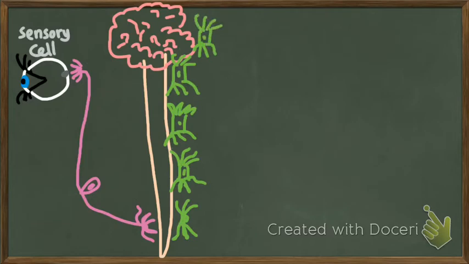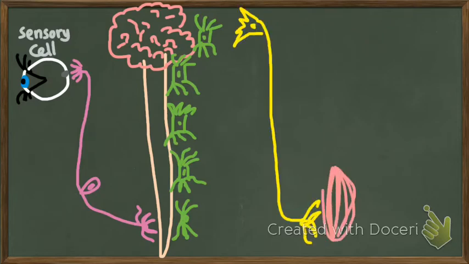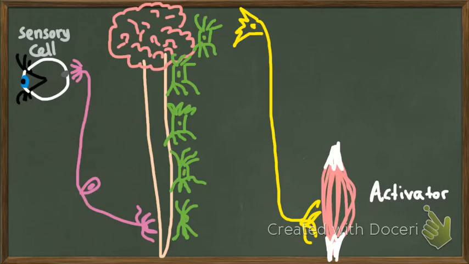Your brain says danger, or it says, hey, that's such a cute snake, let's go try and pet it. So you send another impulse, an electrical signal, to your motor neuron, which is connected to the muscles in your hand this time, and you go try and pet the snake.